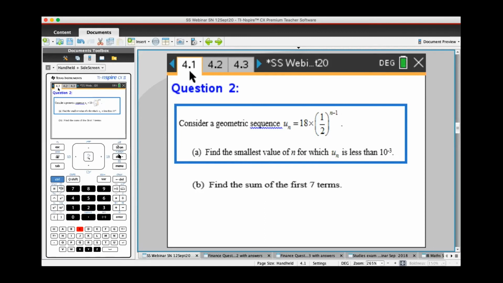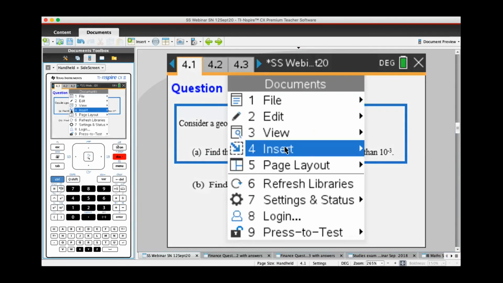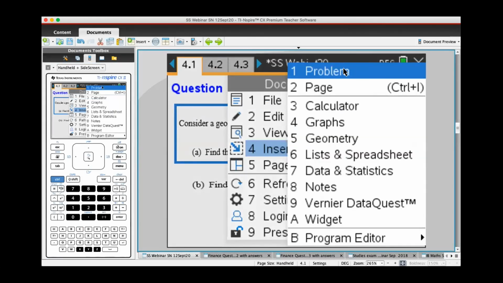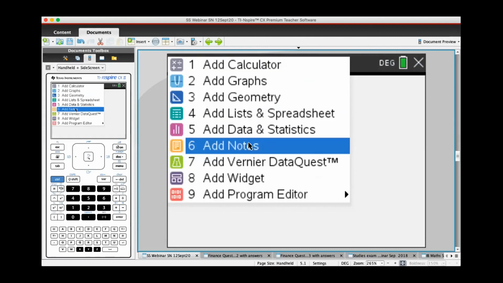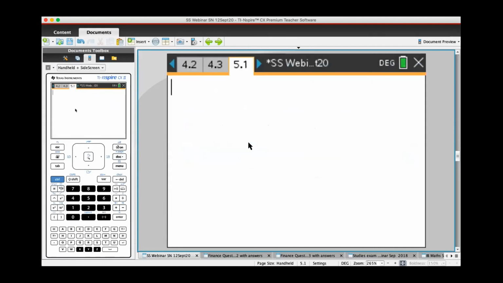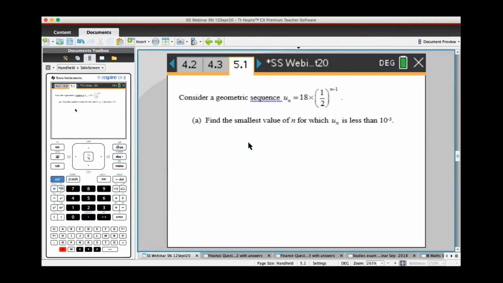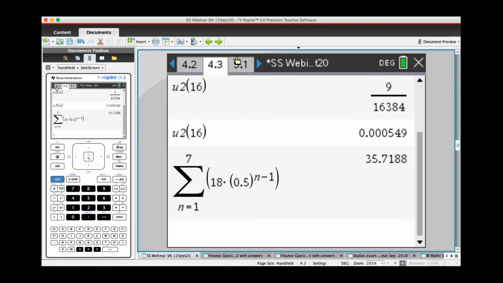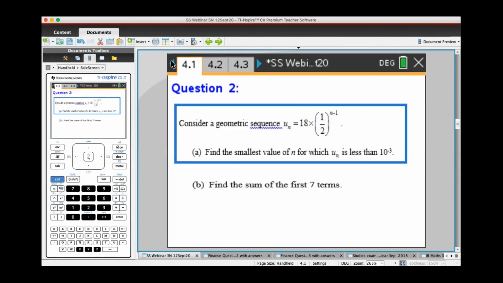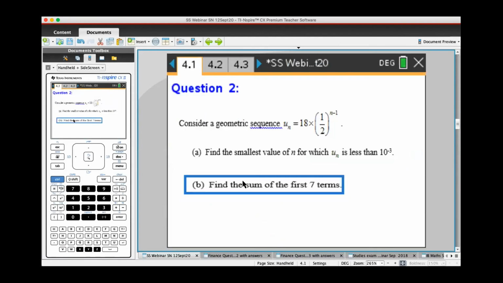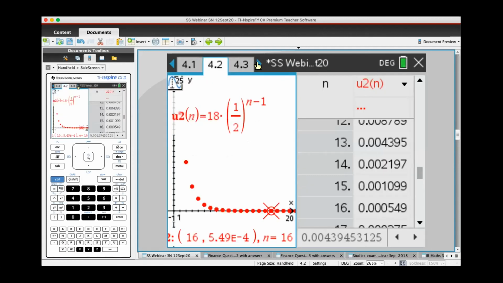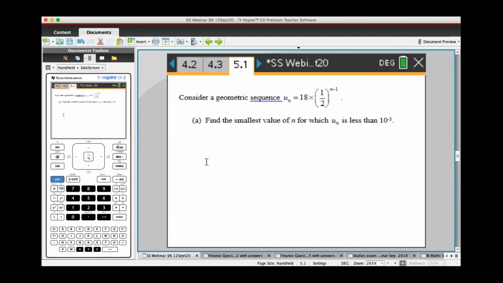I will do the same thing here, and I will go to the document. I will insert, this time I'm going to insert a problem. You would not use the notes page as often as I do. And I'm going to get this question. Now you see, I can still use it. Let us go back. And if you want the entire question, I can just copy and paste. It's just so easy.